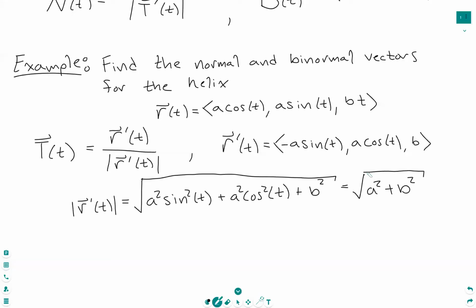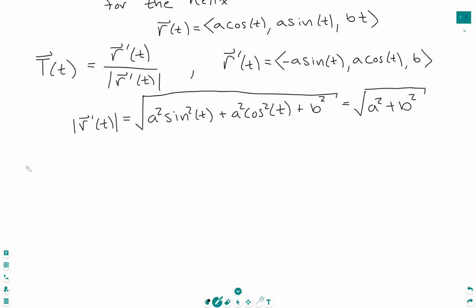Okay, so that means that our unit tangent vector is 1 over the square root of a squared plus b squared times our vector r prime, which was negative a sine of t, a cosine t, and b.